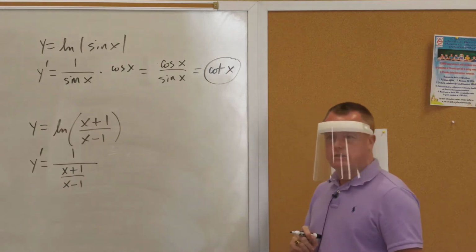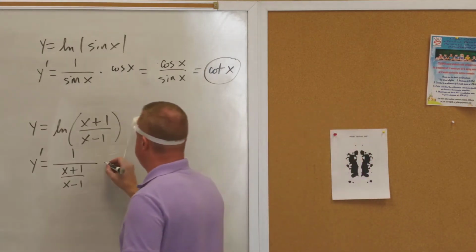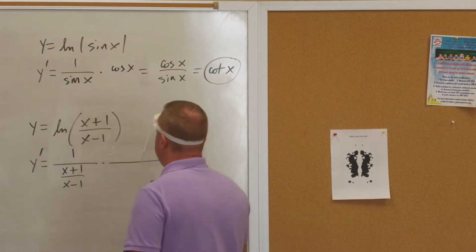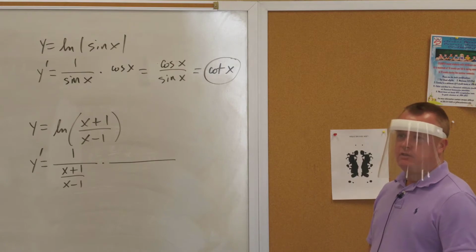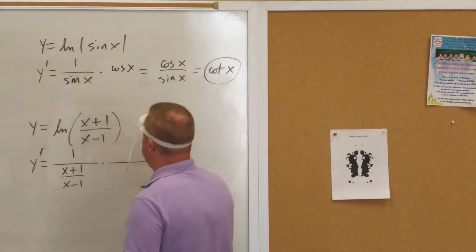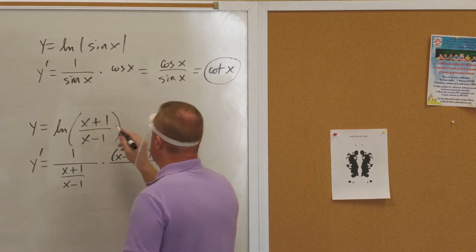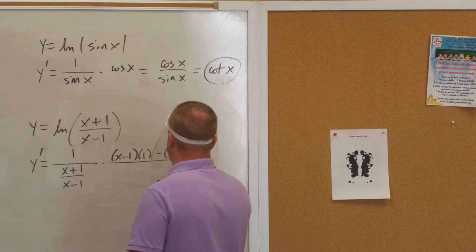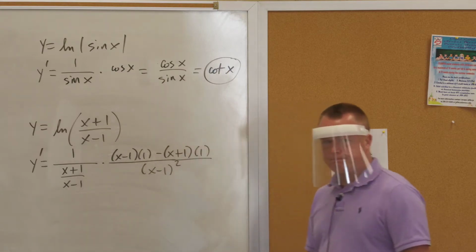Now times the derivative of the inside. The inside is a quotient, so you've got to do quotient rule. I would say the bottom times the derivative of the top, minus the top times the derivative of the bottom, over the bottom squared.